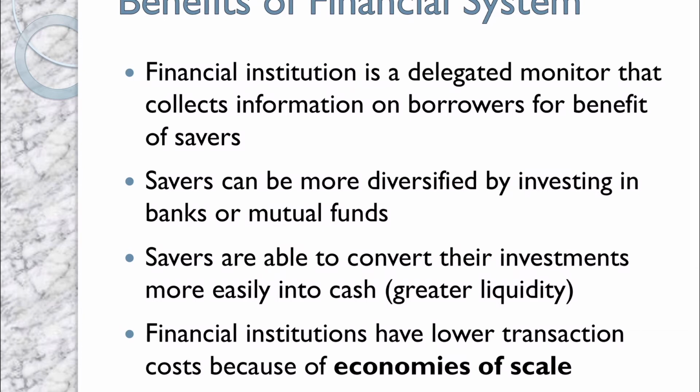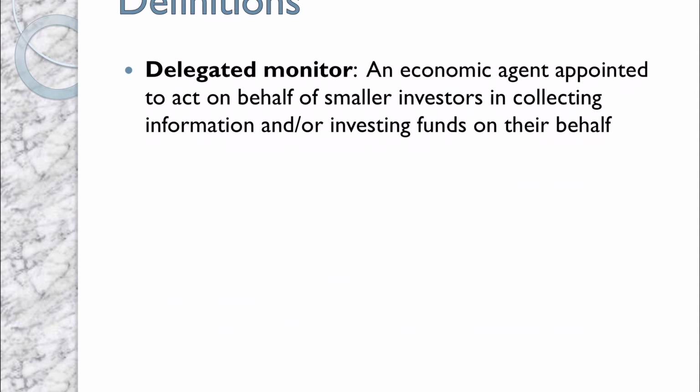So they can experience what is called an economy of scale. Again, I have that definition on the next slide. This also applies to collecting information, not just transaction costs, but also collecting information on these different borrowers. So let's look at the definitions that we just went through a little bit on this previous slide.